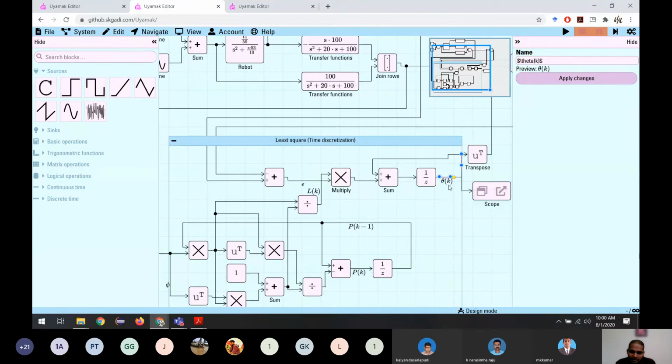If it is k, the previous, oh sorry, this is not k, this is the previous one, right? This is k minus 1. If it is the previous one, so this is the theta of k.